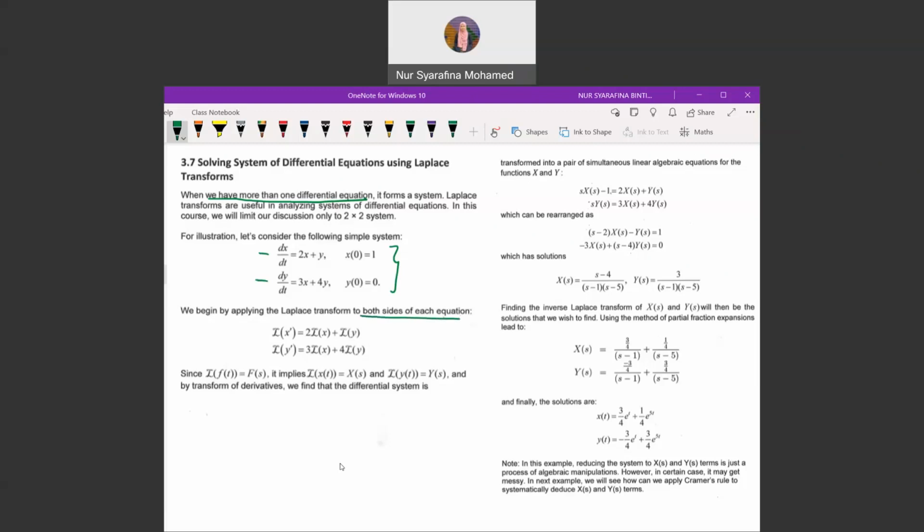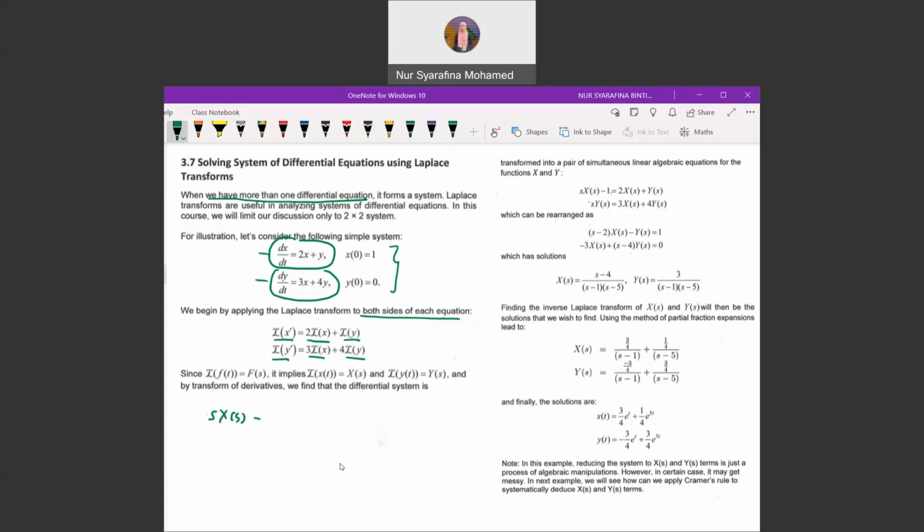For this equation, we transform x prime, we transform 2x, we transform y. And for this one, we transform y prime, we transform 3x, we transform 4y.